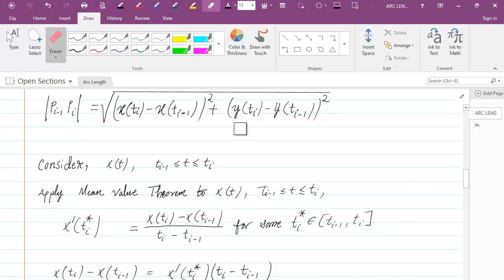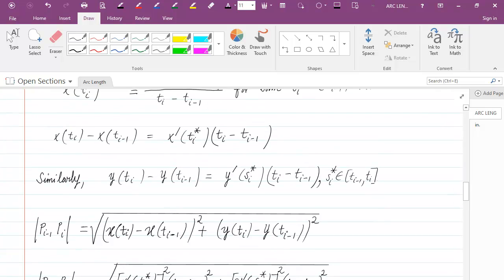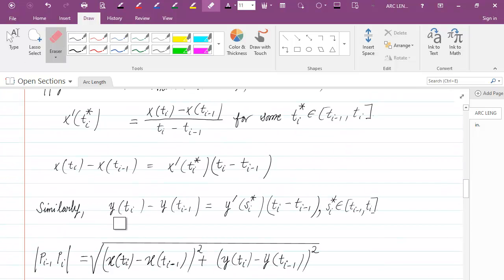Now we can apply the mean value theorem to the function y, and we can also come up with a similar expression for this difference here. So by the mean value theorem, again, you can obtain that y(t_i) - y(t_{i-1}) is equal to y'(s_i star) times (t_i - t_{i-1}), where s_i star is a number in the interval from t_{i-1} to t_i.